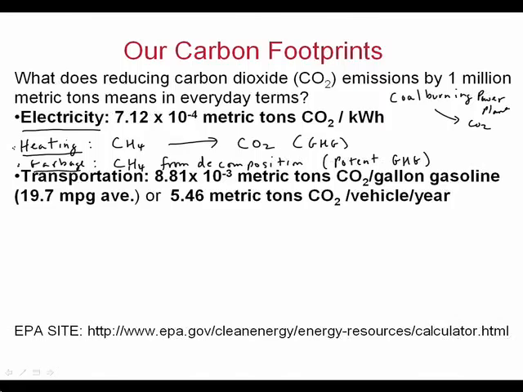And how much does it make? Well, for every kilowatt hour, it makes 7.12 times 10 to the minus fourth metric tons. Okay, how much do we use? The typical household uses 1,000 kilowatt hours per month. So if you multiply these together, what would you have?